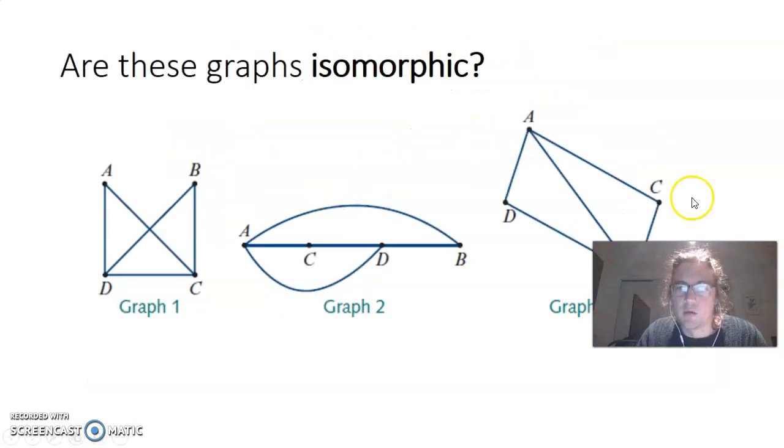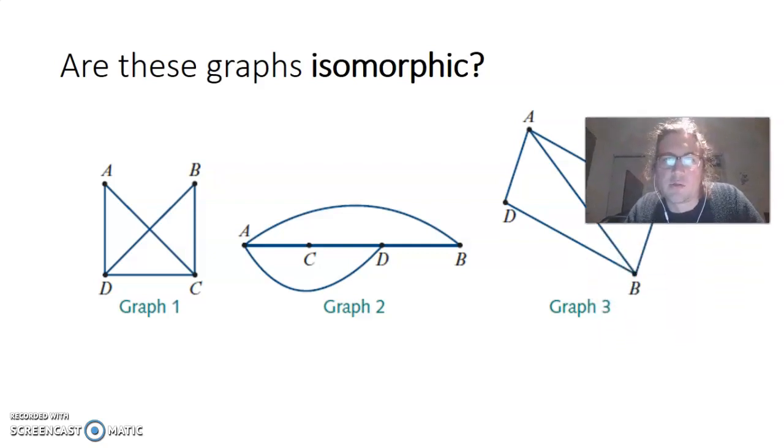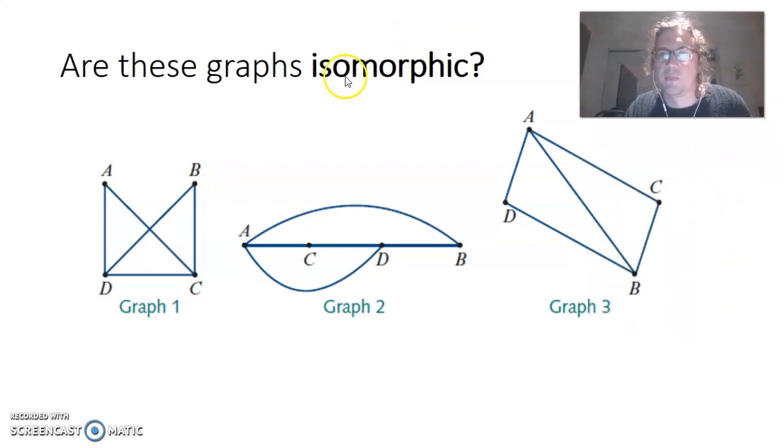Okay, these graphs here are not isomorphic. It would probably be beneficial to stop the video and try and work out why on your own. But I'll show you why now. If I look at the degrees, A has degree 2, B has degree 2, D has degree 3, C has degree 3.